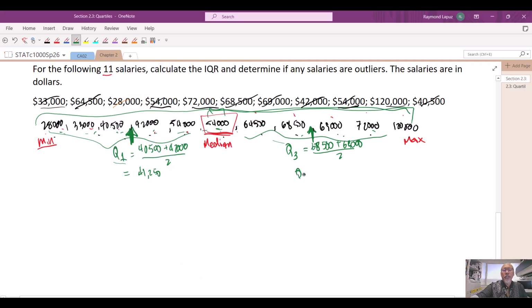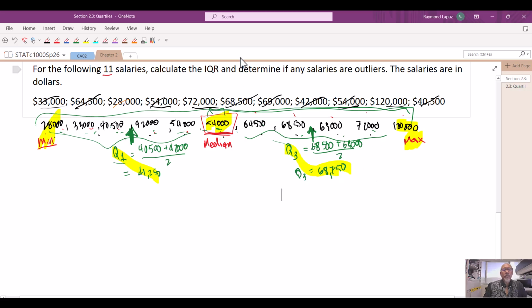So Q3 is equal to 68,750. Okay, now we have our minimum, our maximum, our median, our Q1, and our Q3.